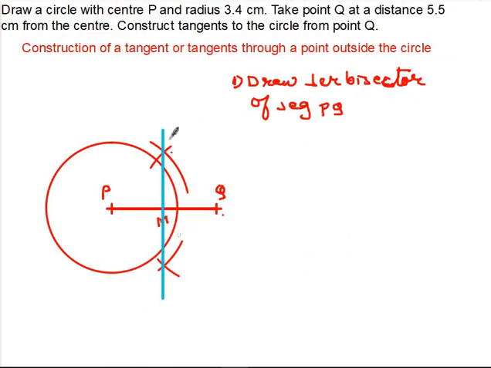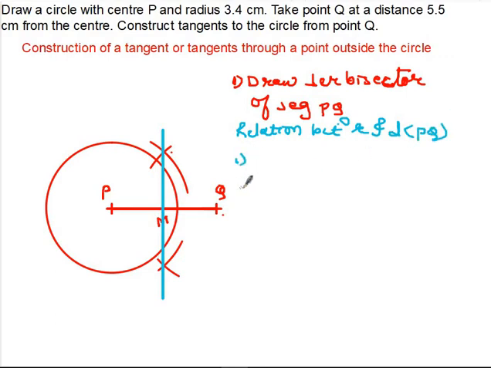This blue line depends on the relation between the radius and the distance PQ. So I will write here for you what the possibilities are.